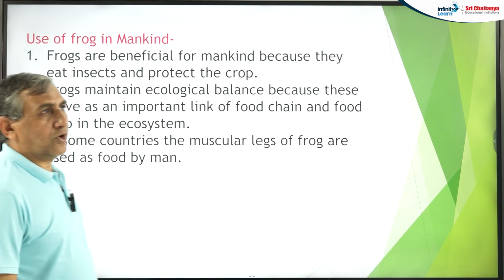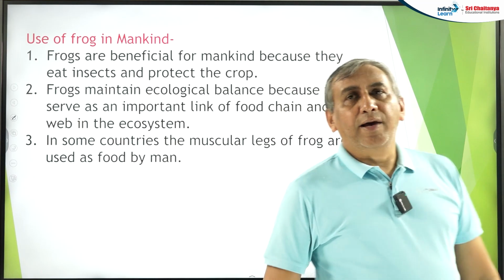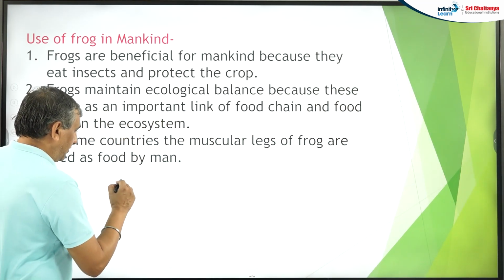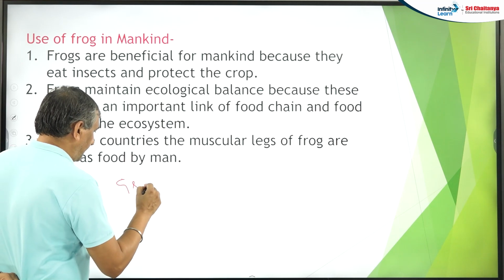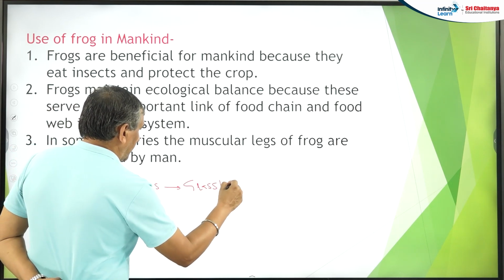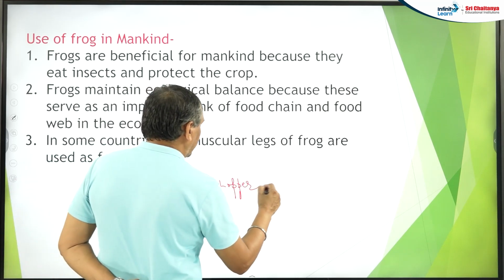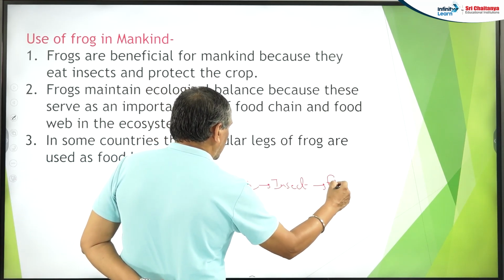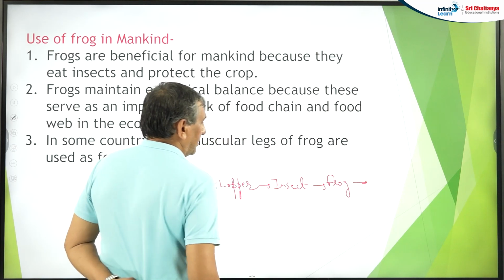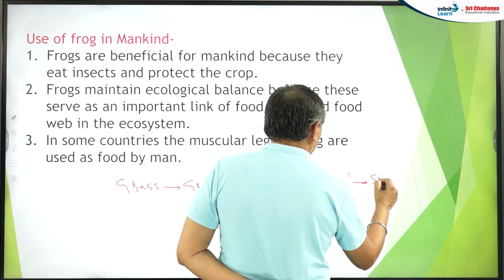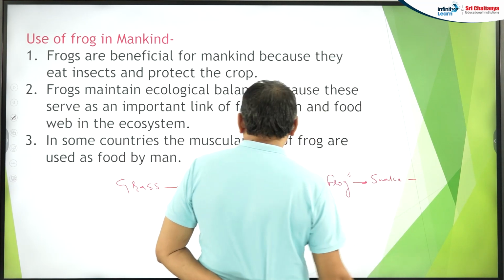What is the use of frog? I already said. It is a very important component of food chain and food web. See, grass is eaten by grasshopper, grasshopper is eaten by insect, insect is eaten by frog, frog is eaten by snake, and the snake is eaten by the eagle.